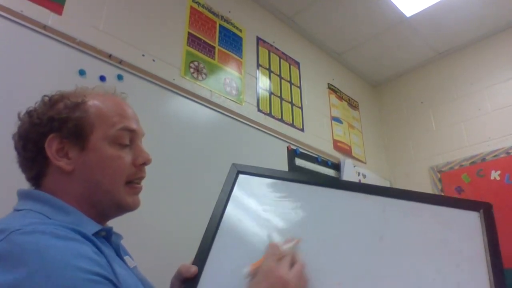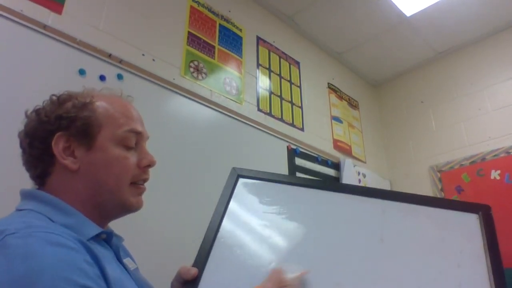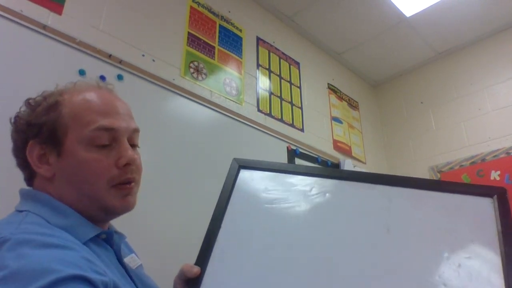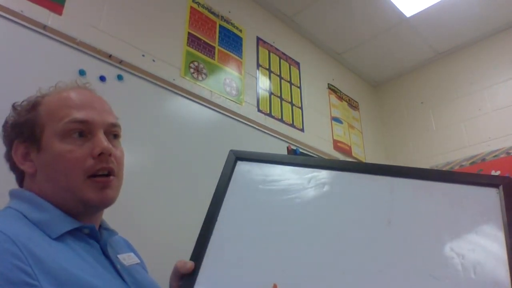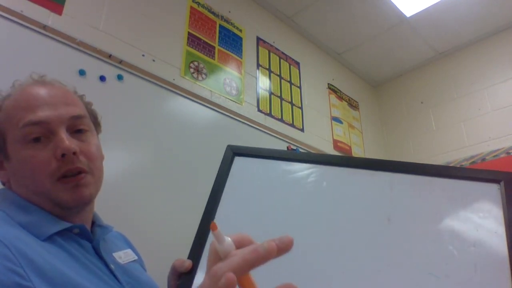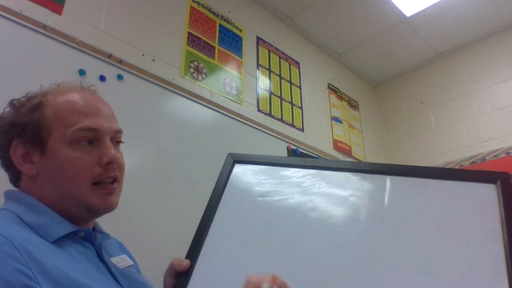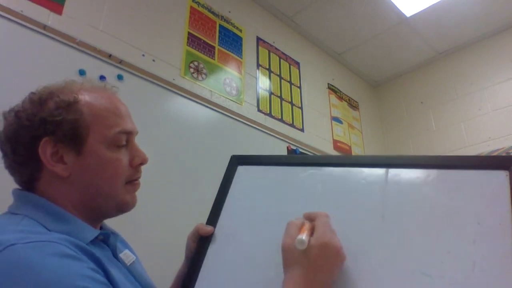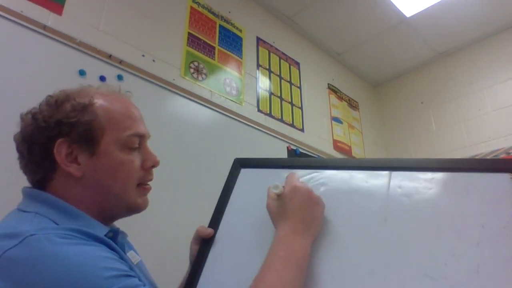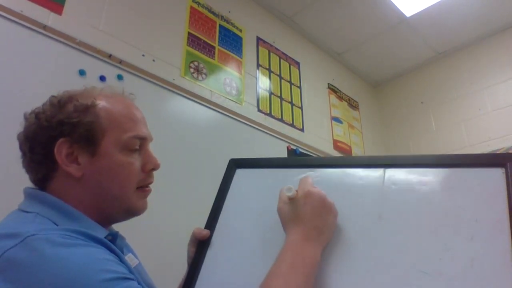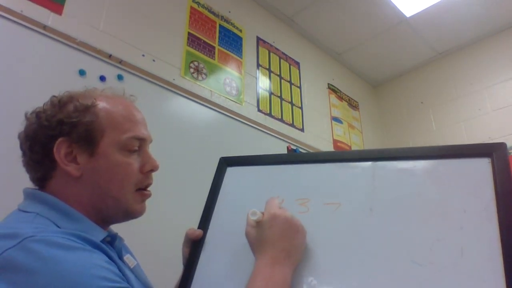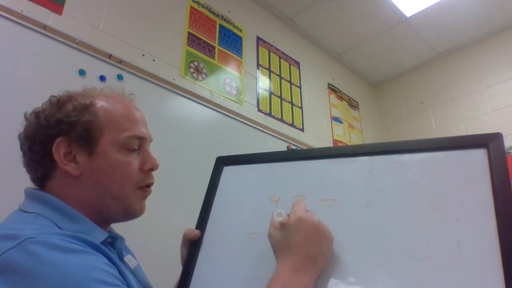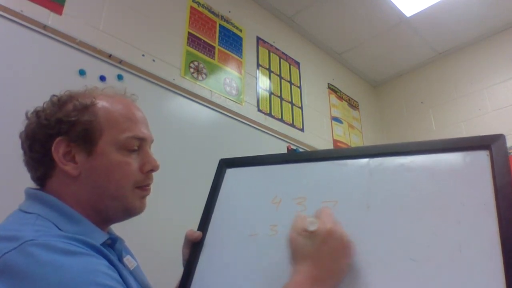Now, let's take it a step further. Even though we're not going to start regrouping 2 digits yet. We'll do that later this week. So let's go 437 minus 342.